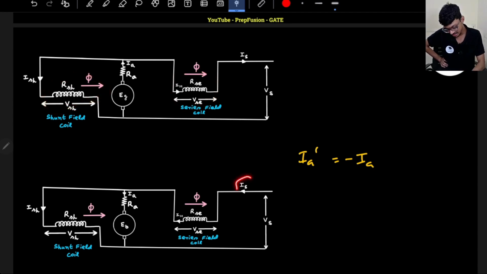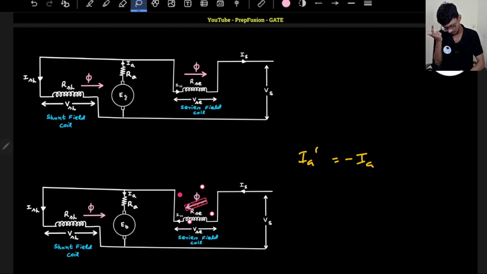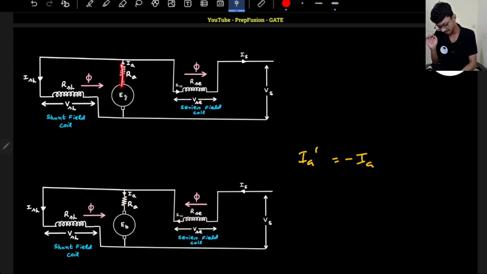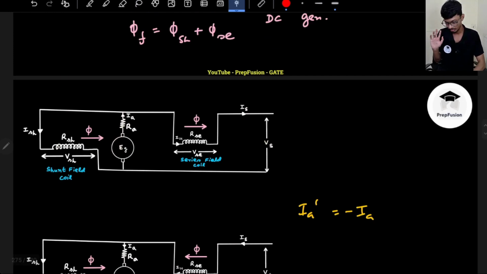Now as soon as I change the direction of the current, the direction of the mmf generated by the series field will be changed, right? It will be opposite. But the shunt field direction remains the same, right? Because here also the current direction is downward, because mains will supply now the Ia and the Ish, and previously Ia was supplying Ish and Is, right?